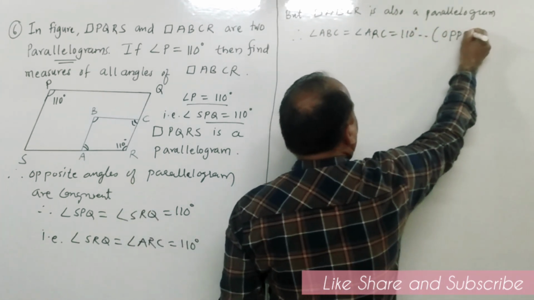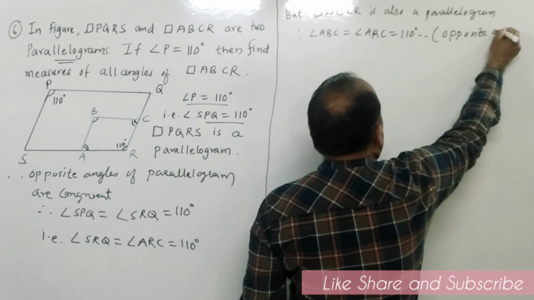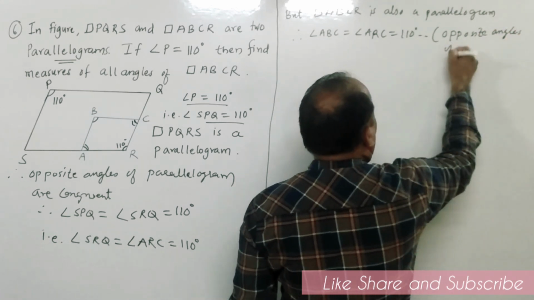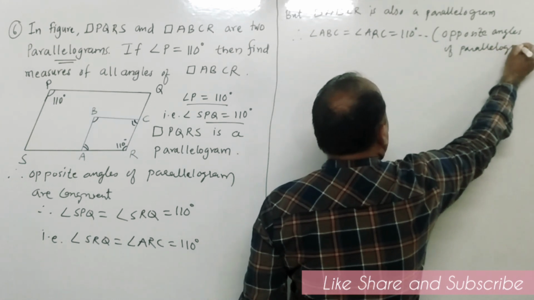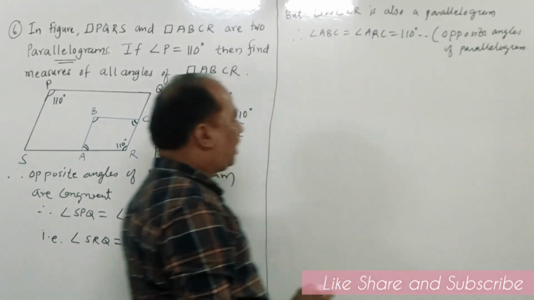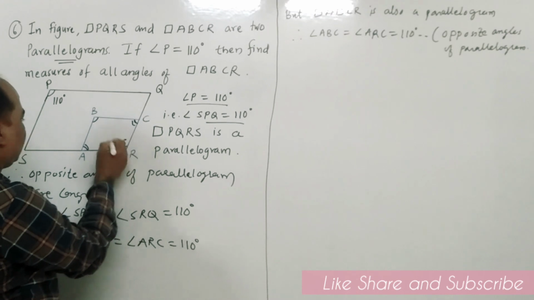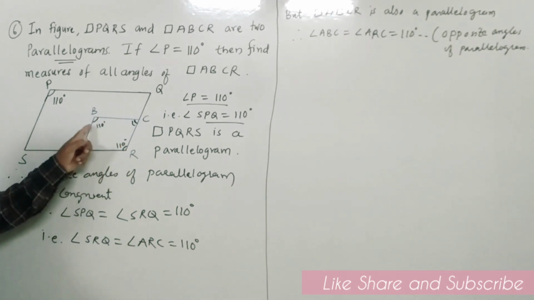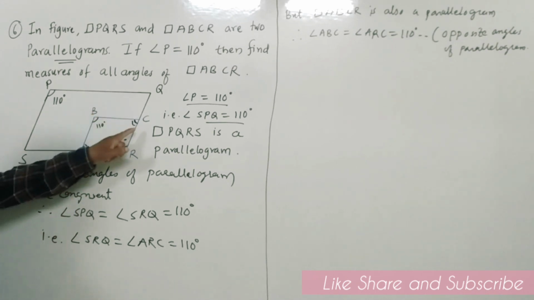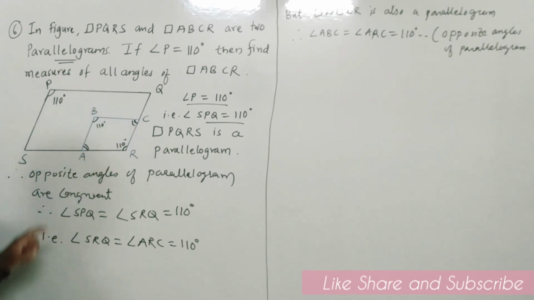That is, opposite angles of parallelogram ABCR are congruent. They are opposite angles, so it is a parallelogram, so opposite angles are equal.